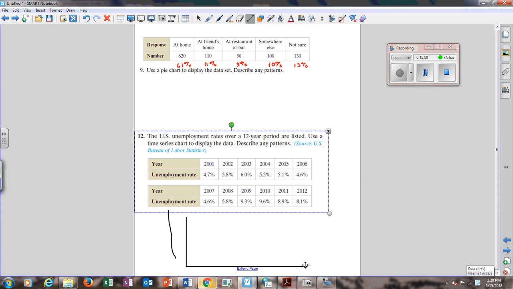So you're doing all your years down the bottom side and then percentages up to the top. The 2, 4, 6, 8, 10.